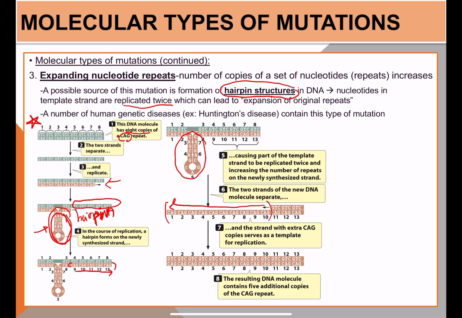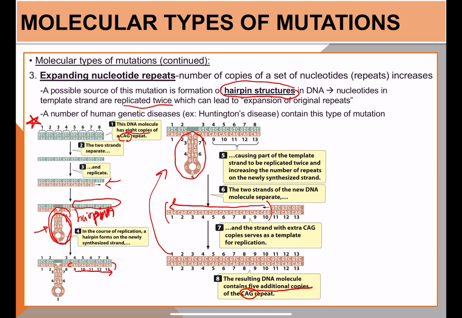So now, instead of having 8 copies of that particular repeat, you have 5 additional copies of the CAG repeat because of this hairpin structure. It's kind of hard to imagine. I will upload an animation video to eCampus that will illustrate this concept.